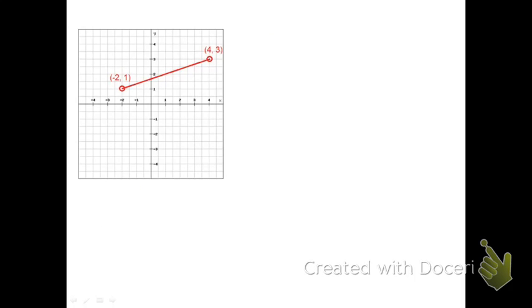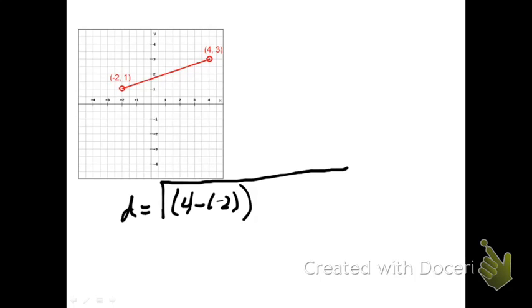Second example, here we're going to find the length of this line segment. So using my distance formula, I know that this distance can be found by taking the square root of the x-coordinates, so 4 take away a negative 2 squared, plus the difference of the y-coordinates.